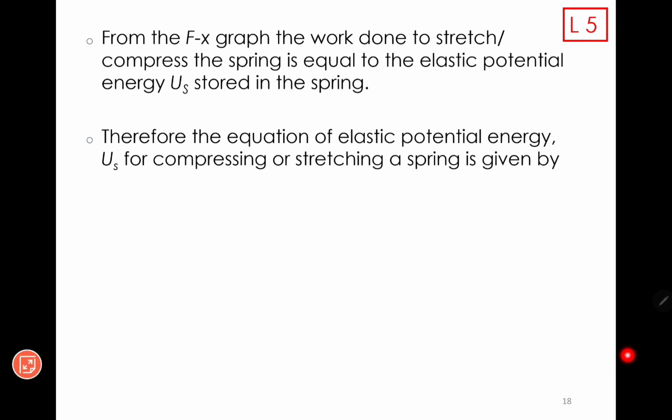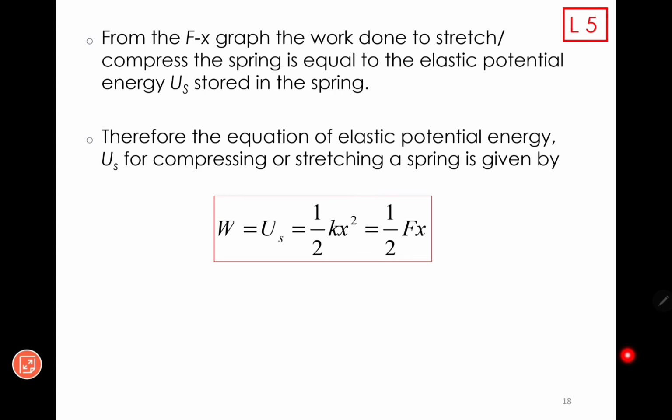Therefore, the equation of elastic potential energy Us for compressing or stretching a spring is given by W, work, equals Us, our elastic potential energy, equals half kx squared, still equals half Fx. So by giving you k, we may use the first equation. By giving you the force and also the elongation, then we may use the second equation, which is half Fx.